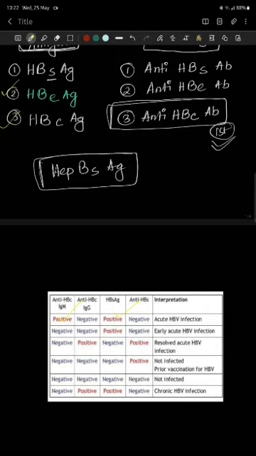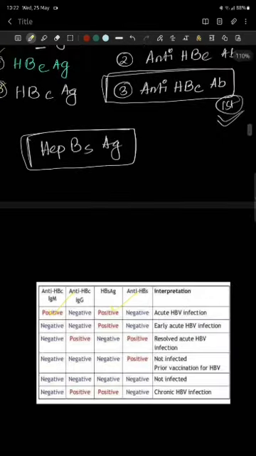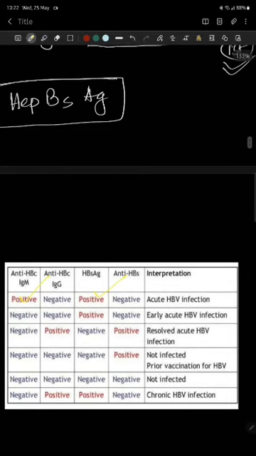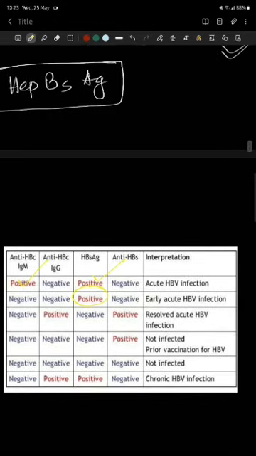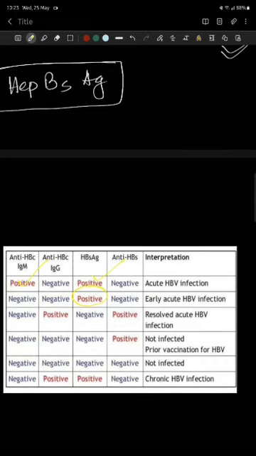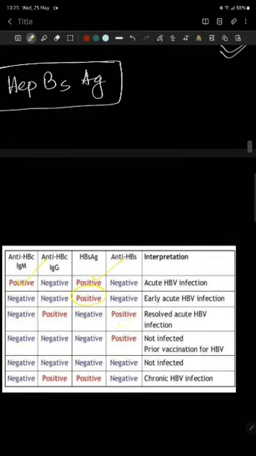Early acute hepatitis B virus infection, when only hepatitis B surface antigen, क्योंकि सरफेस सबसे पहले आते हैं, सबसे पहले आते हैं, तो सिर्फ सब नेगेटिव है, हेपेटाइटिस बी सरफेस एंटीजन सिर्फ पॉजिटिव है. अगर कोई रिजॉल्व पेशेंट ठीक हो गया, रिजॉल्व एक्यूट हेपेटाइटिस बी वायरस इन्फेक्शन, देन द एंटी हेपेटाइटिस बी सरफेस एंटीबॉडी विल बी देयर and anti-hepatitis B core antibody, but the type is IgG, not IgM.